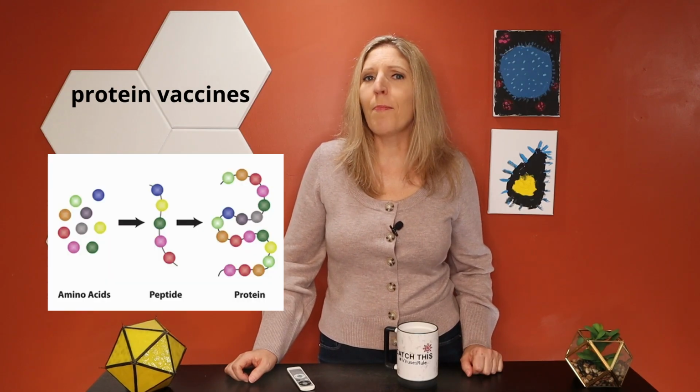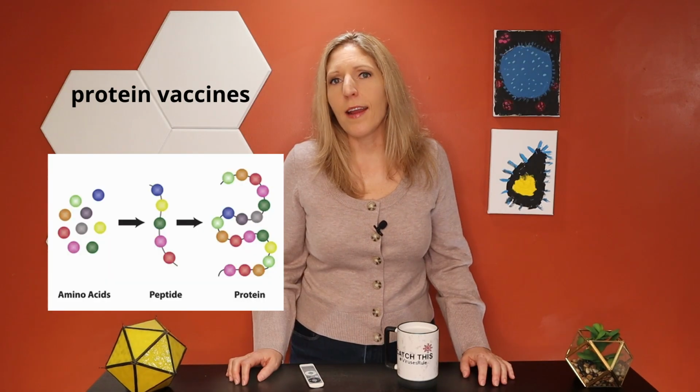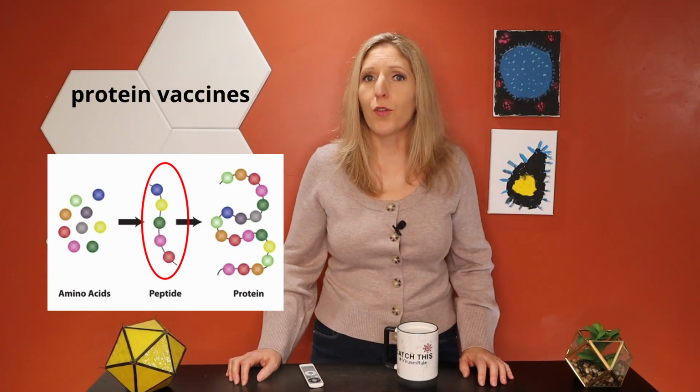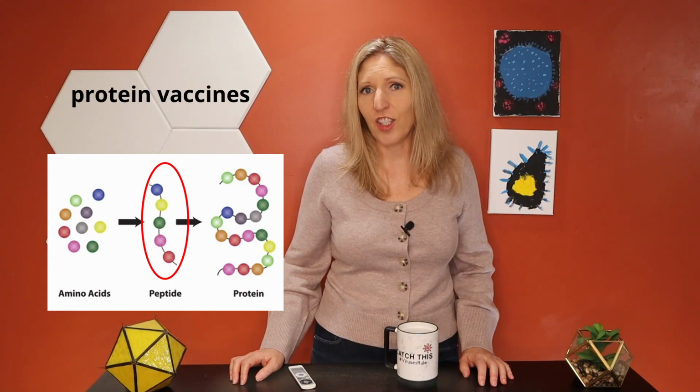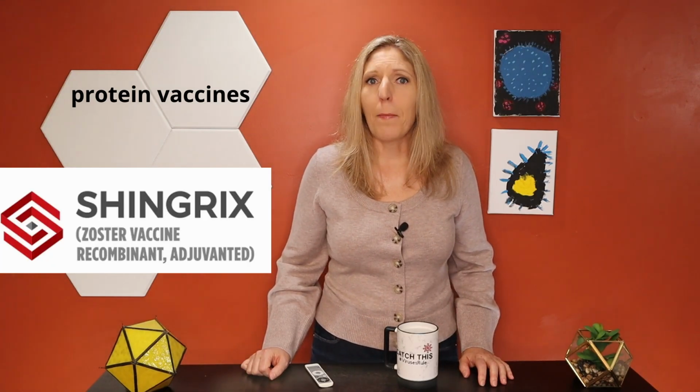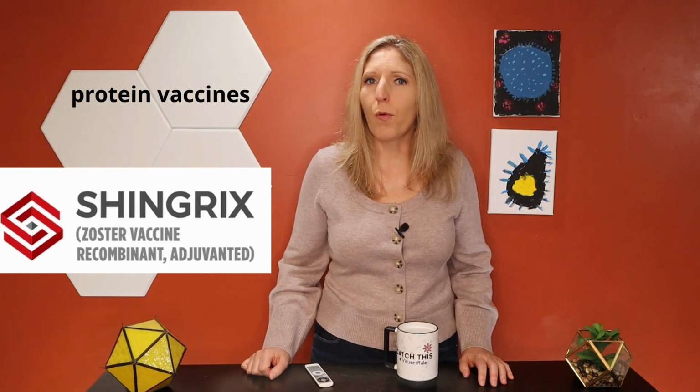Protein vaccines are essentially subunit vaccines that are made from peptides, short antigenic pieces of a protein that can trigger immune responses. You may recall that I talked about subunit vaccines in Catch This, episode 76. The shingles vaccine used in the US and sold under the name Shingrix is an example of a protein vaccine because it consists of a recombinant form of the varicella zoster virus glycoprotein E antigen.